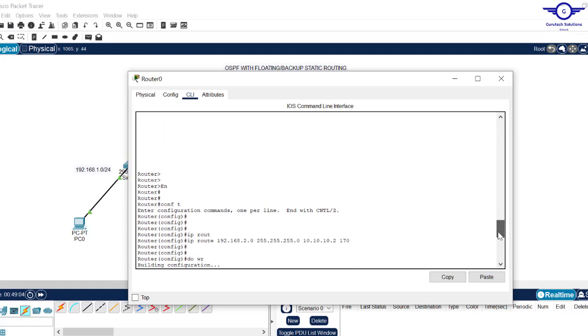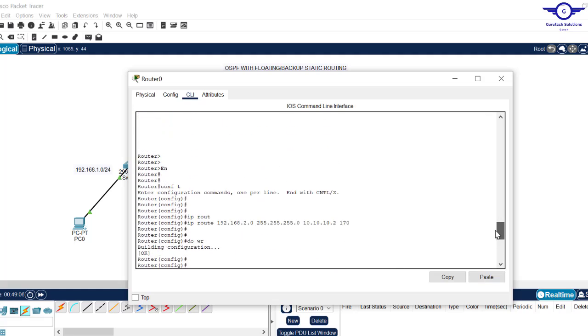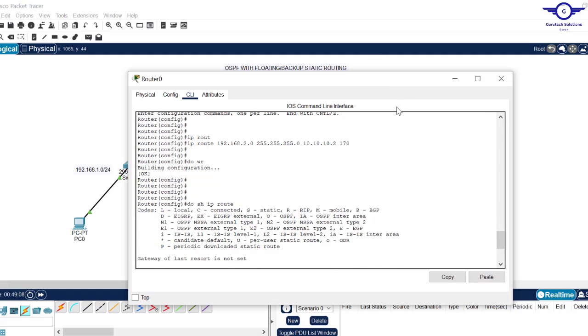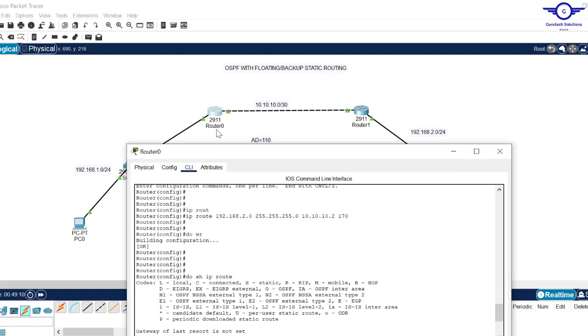We are working on router 0, not router 1. We are working on this router here. We are telling it that if you want to go here, you have to forward data to this IP address, and this IP address is the IP address of this interface.